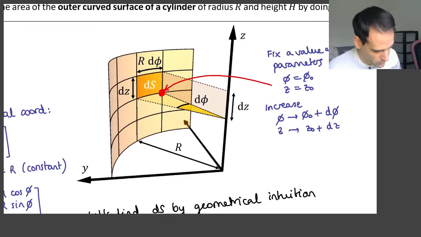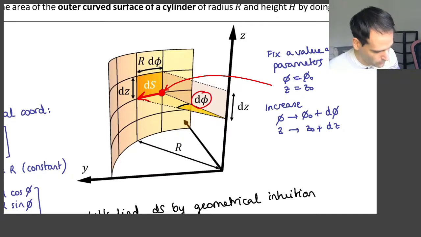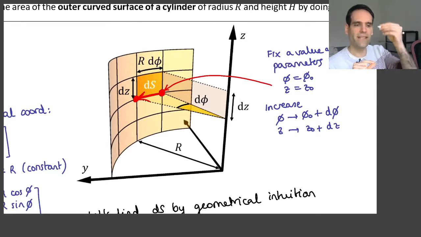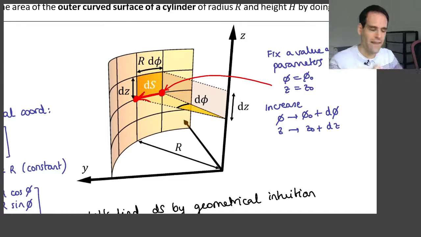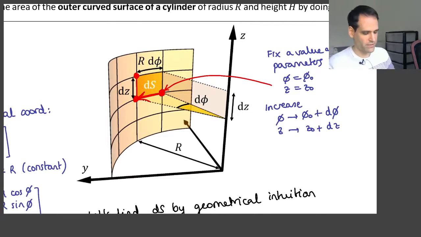So you have moved from being here. Now you increase phi by an amount d phi, so you increase the angle phi by a certain amount. Yeah, so this certain amount is what I'm showing here as d phi. So you end up here. And then you increase z by a certain amount dz, so we move upwards through the z-axis. So we end up here by increasing an amount dz.